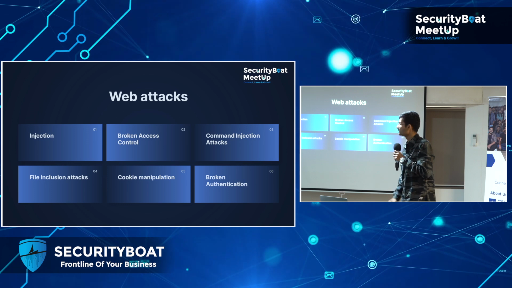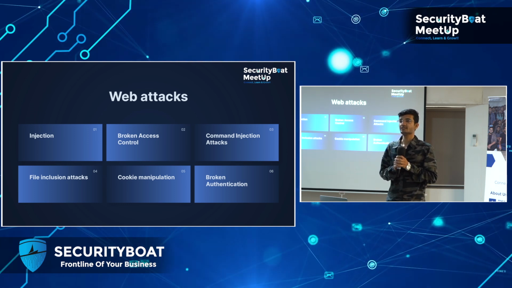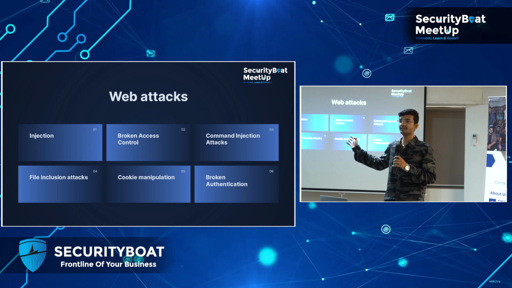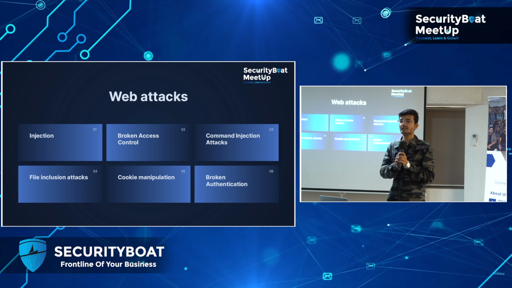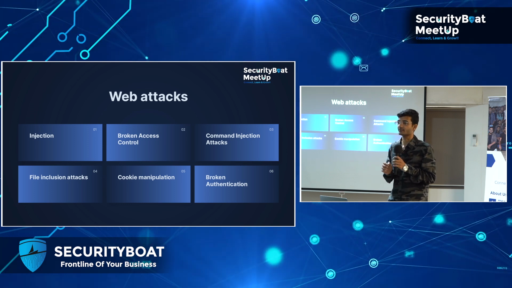Apart from that, the first web attack is the injection attack. In an injection attack, I'm not going to display anything practically, but Postgres is the site from where we can always refer.